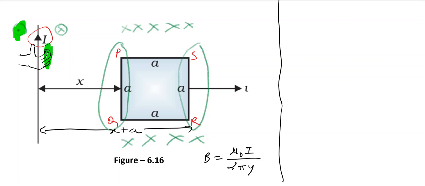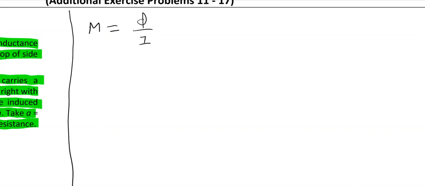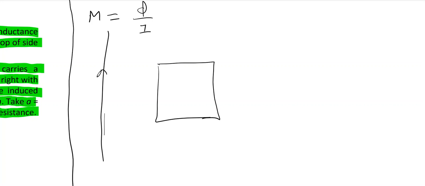So what we can do is, we take a small part of the loop, consider that this is the straight wire and this is the square loop. One side is at x distance, but we will consider a small part of the loop, first find the flux linked with this small part, call it d phi, and then integrate.